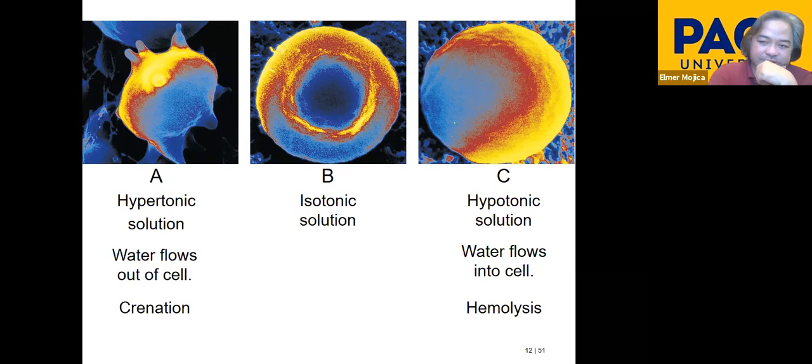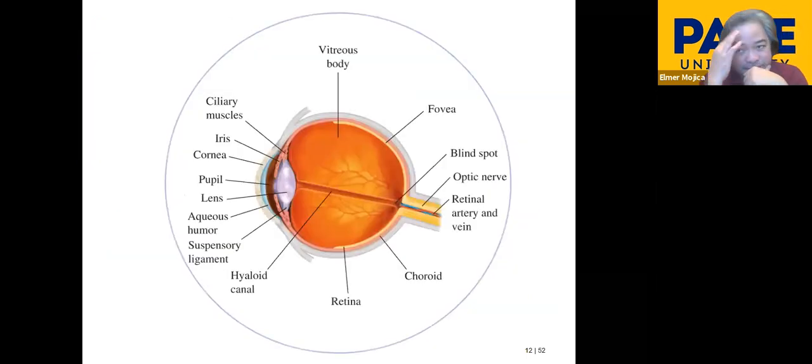Another thing that we can look at with osmosis is your cornea. Usually you look at the concentration of your body fluid in the cornea and the aqueous humor.